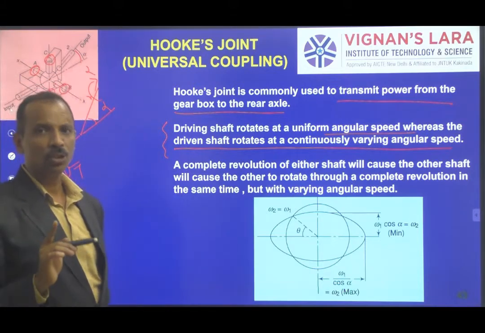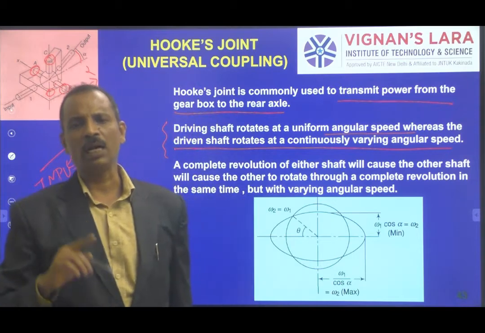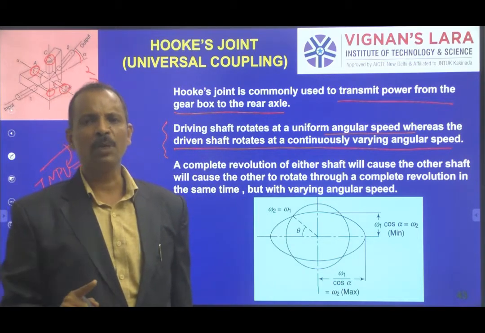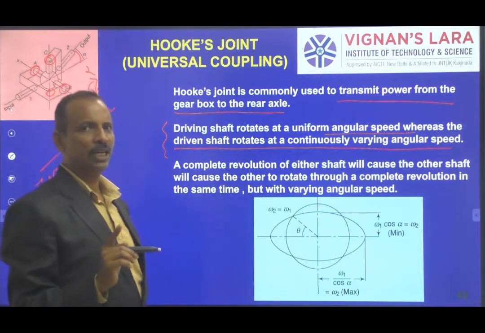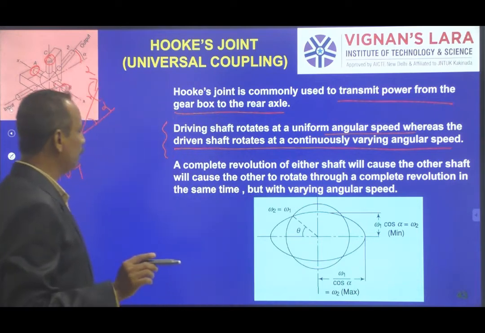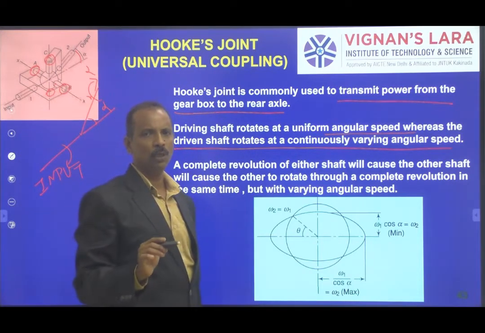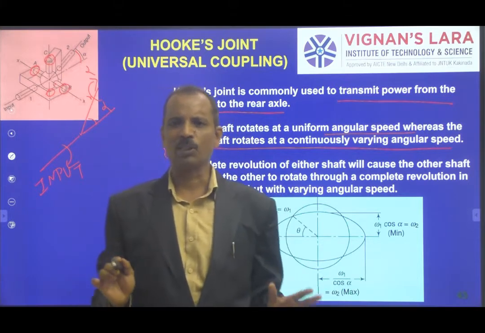But one thing you keep in mind, both input shaft and output shaft will complete one rotation in the same time. Then you get a doubt, how is it possible? I will explain by a simple example, taking into consideration a small classroom.